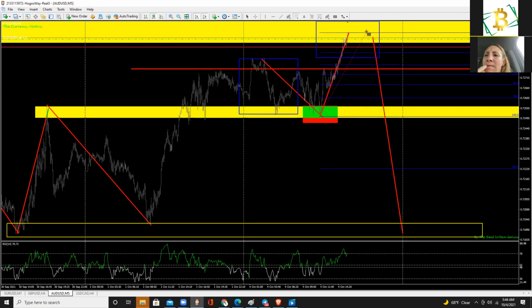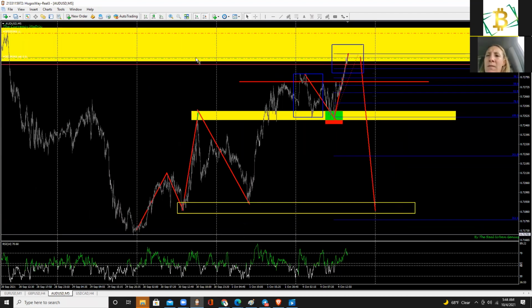Fibonacci, swing low to swing high, which now brings us back towards the low of the day as an entry position.